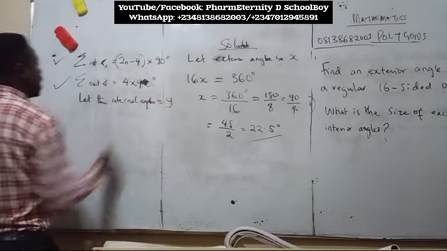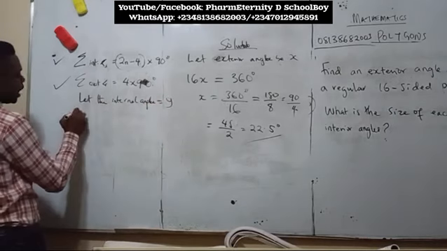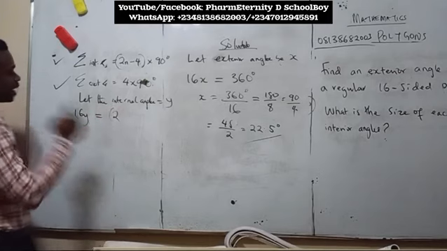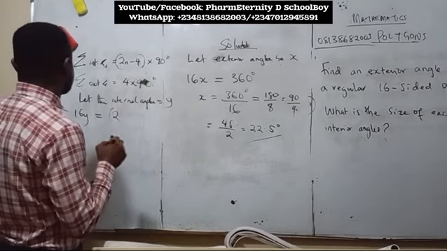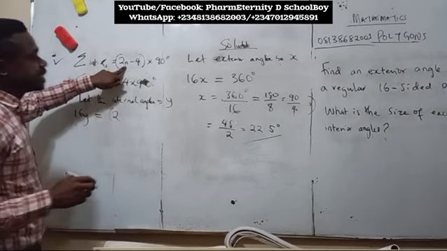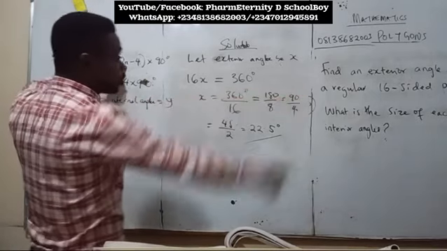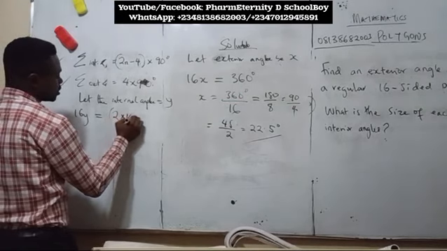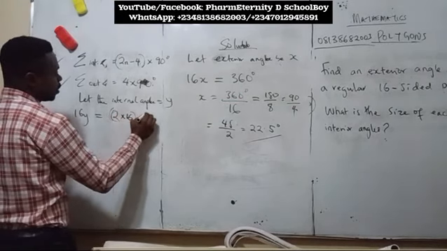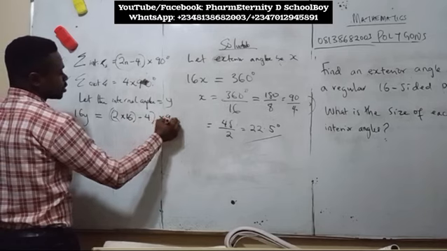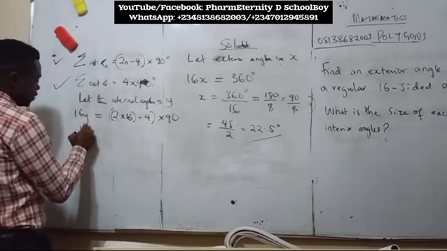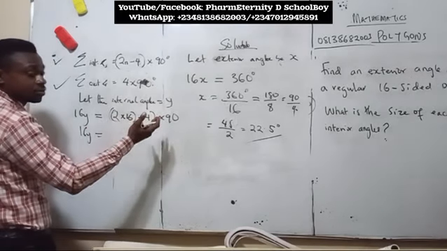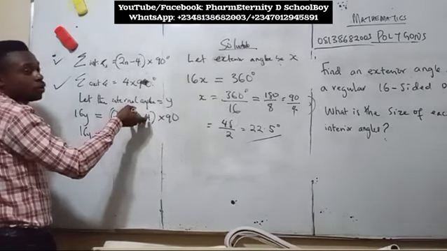So 16y is now equal to, remember that n is 16, 2 times 16 minus 4, times 90. So 16y is equal to 2 times 16, which is 32. 32 minus 4 will give us 28.